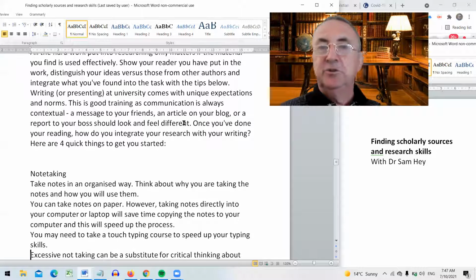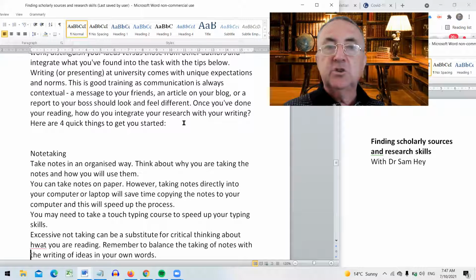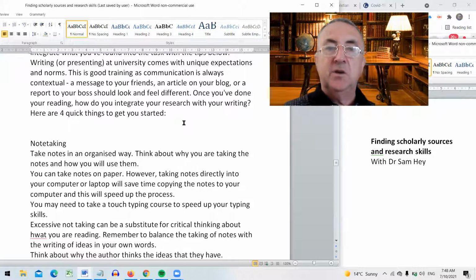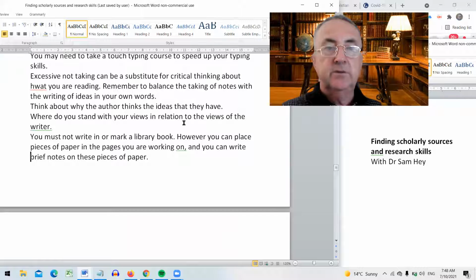And so I encourage you to put time into thinking about these ideas, comparing the different ideas and expressing your own ideas in your own words to find your own voice. This is good training. Communication is always contextual. You need to think about the context of the material that you read, and also think about the context of who you're writing to and who are the people around you.